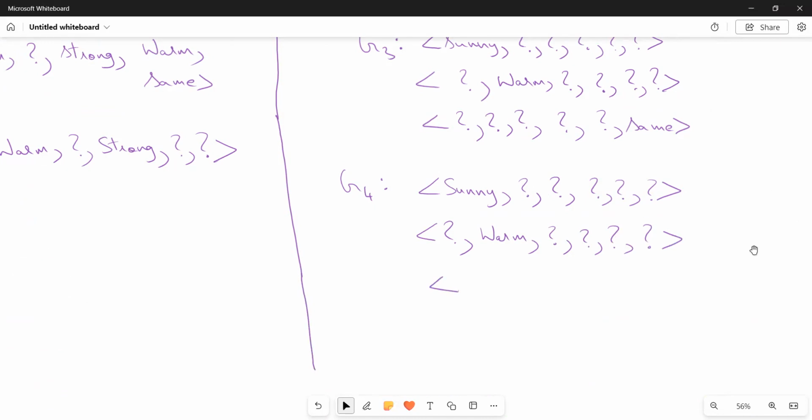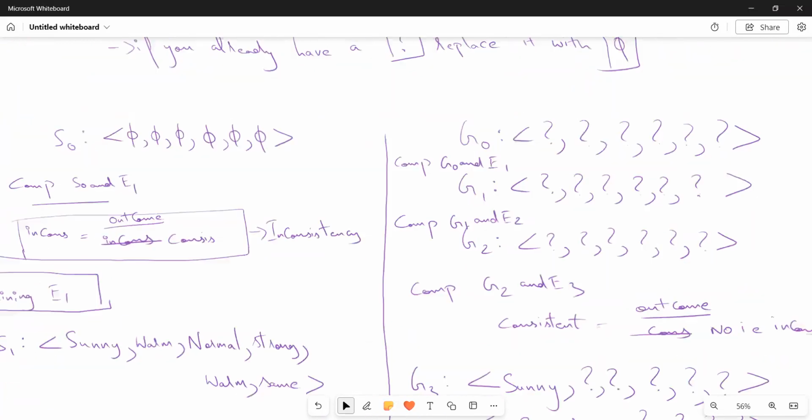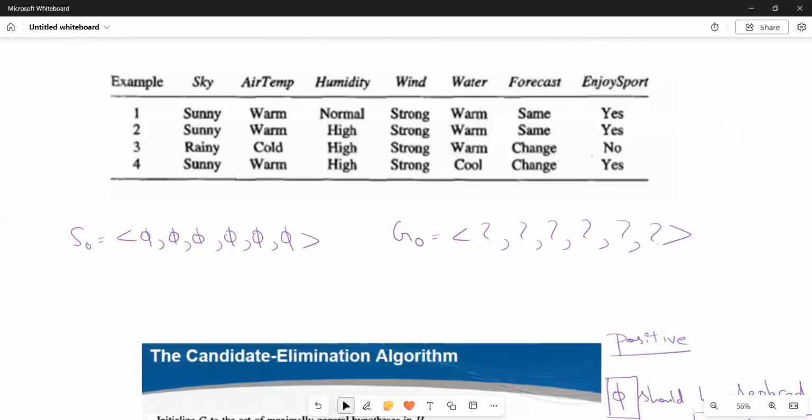And then your last one is Same, right? So comparing Same, question mark, Same. Is it consistent? Yes. So what is your outcome here? Yes, it is consistent. So your Sunny, Yes, has the same question marks and then Same here: consistent, yes, consistent.